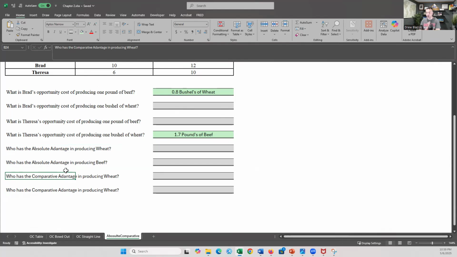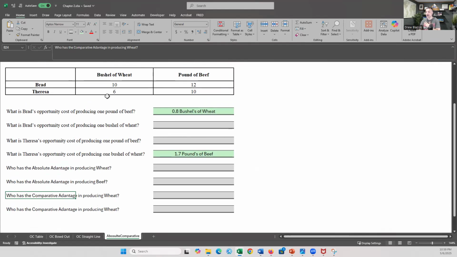Absolute advantage, one person could have both, or each one could have it. Comparative advantage is different. If I have the comparative advantage in meat, that means you would have the comparative advantage in wheat. One person cannot have the comparative advantage for both. That's impossible.